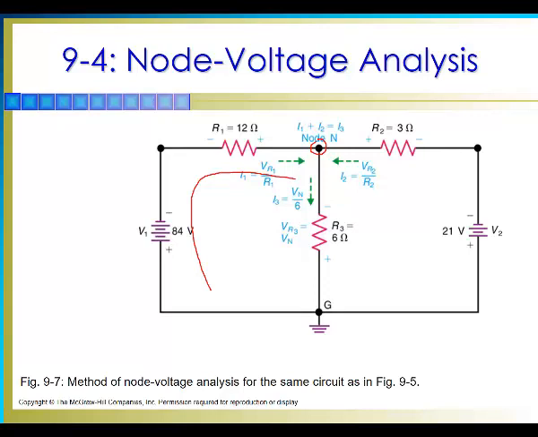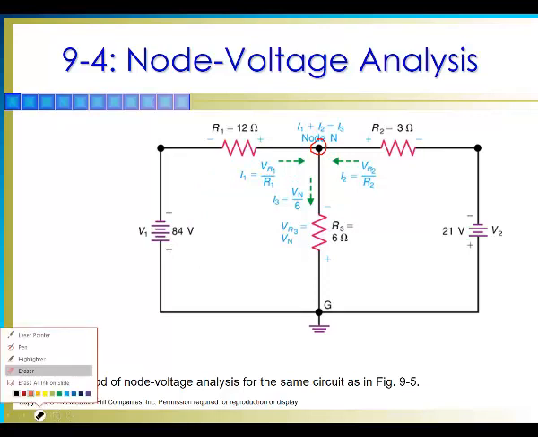So if we say that the current I1 is going to be the voltage across this divided by the resistance. I2 is going to be the voltage across this divided by the resistance.